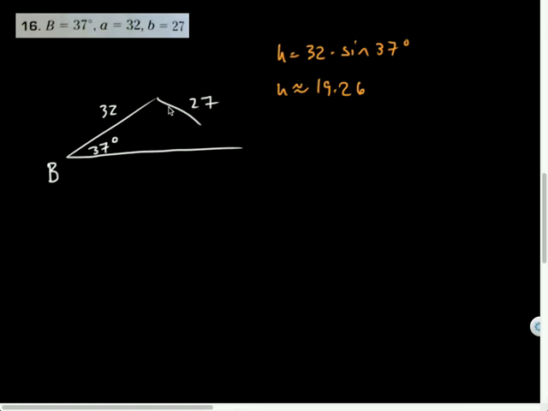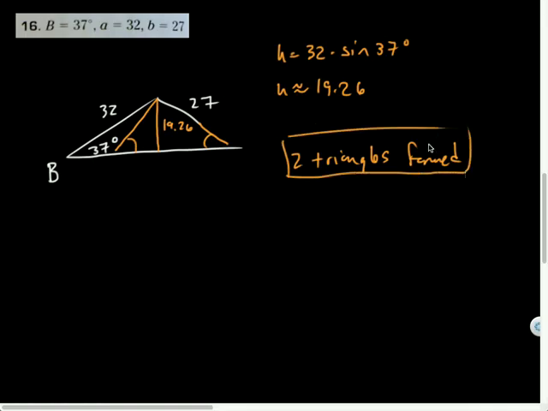And because 27 is longer than 19.26, it's going to be able to actually hit in multiple spots, where we could have two possible triangles formed, the sliver obtuse one and the larger acute one. So two triangles formed. So it's all about that analysis.